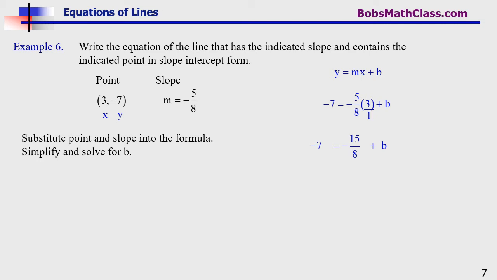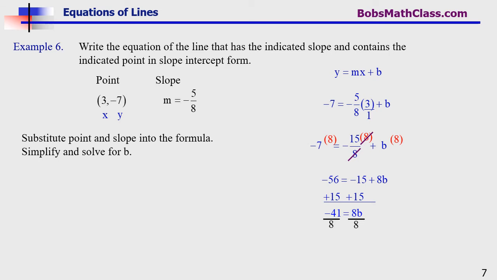This time, clear fractions by multiplying each term by 8. The 8s in the middle will cancel. Now multiply what's left, bring it down. Negative 56 equals negative 15 plus 8b. Add 15 to both sides. Negative 41 equals 8b.